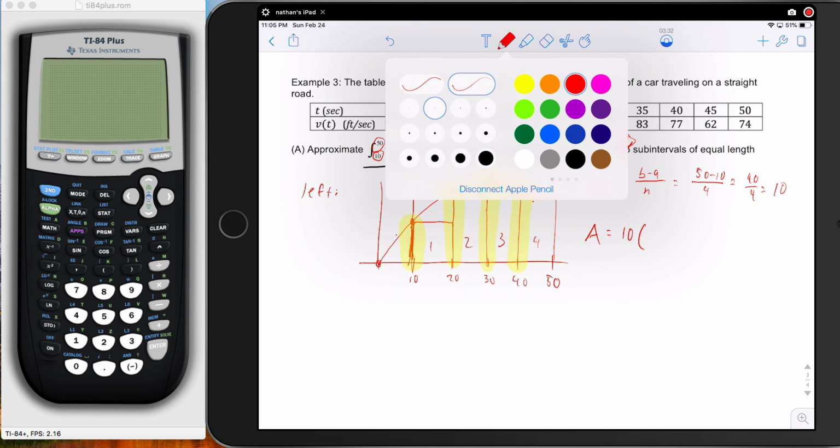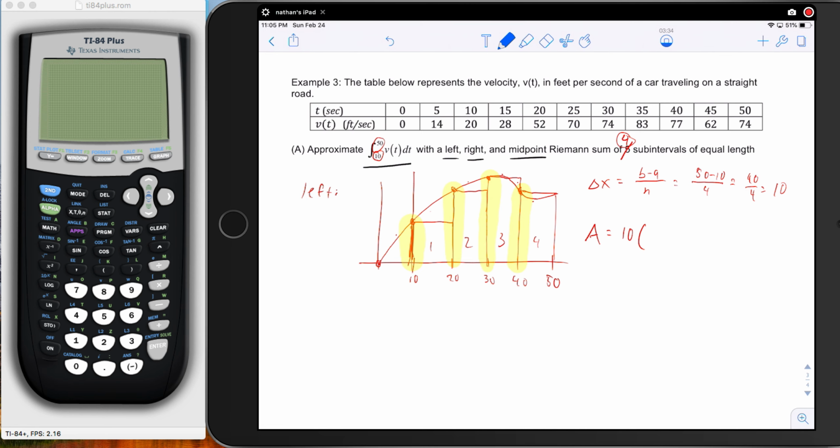And so I know the height of the first rectangle is going to be f of 10, because this is the x value. Or in this case, maybe I should say these are the t values and these are the v values. So I shouldn't say f of 10, I should say v of 10. And this one is v of 20, v of 30, v of 40.